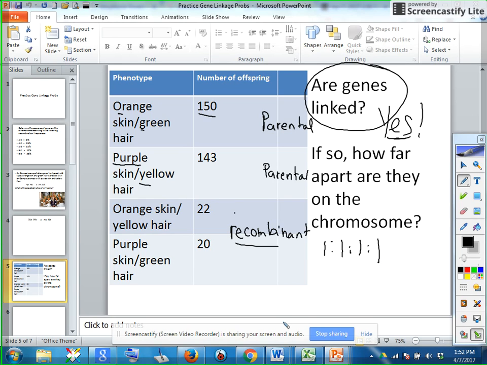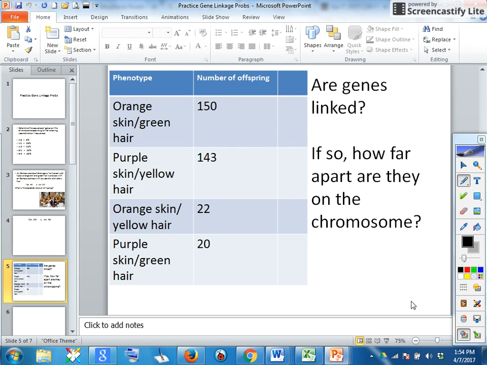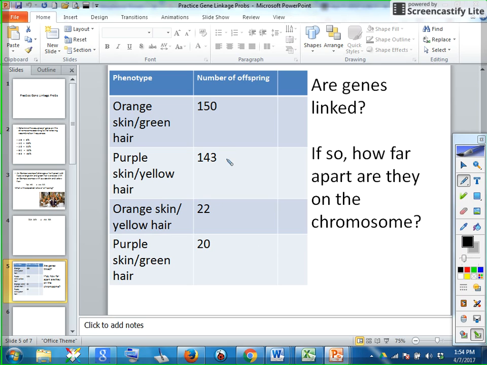Now, with that in mind, now we get to do some math. Yay, math. So to do the math, we take the total recombinant divided by total offspring.